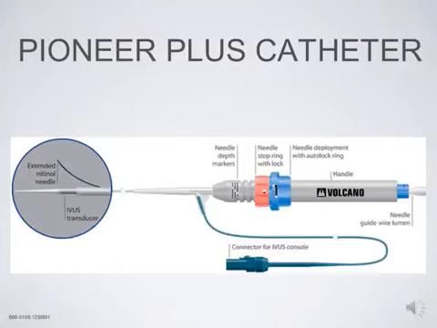There is the needle stop ring with a lock, and it has the depth markers at 3, 5, and 7 millimeters, so you can turn that knob to the depth that you want and then advance the blue marker to that, and that will extend the needle that far out from the catheter.